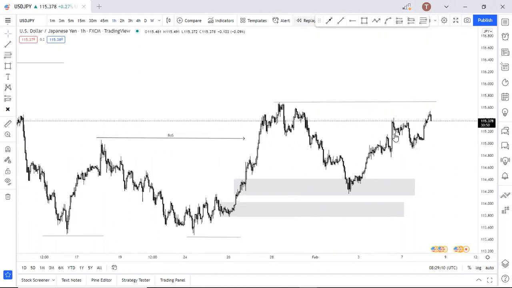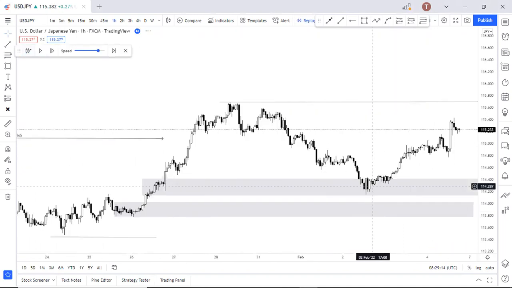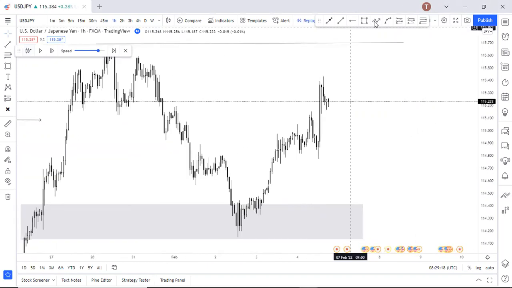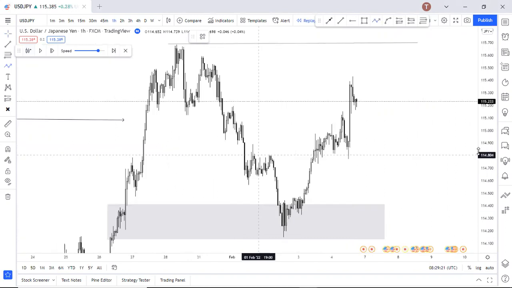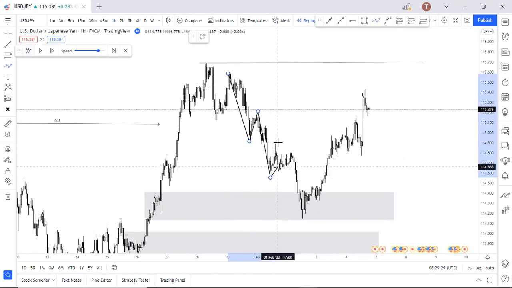Let's take it back. I was right here, and on the 1 hour time frame, I mapped out my structure. We had this high, we had this low, we had this lower high, we had this lower low, we had this lower high, we had this lower low right here.